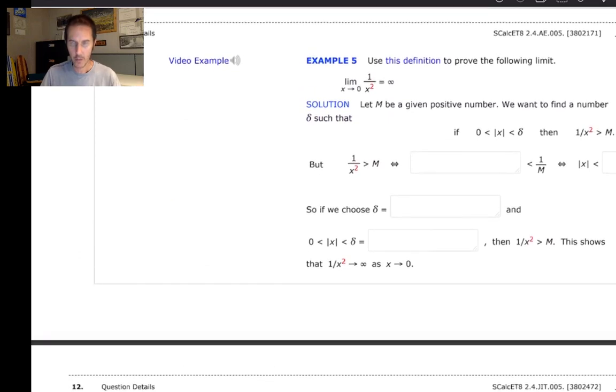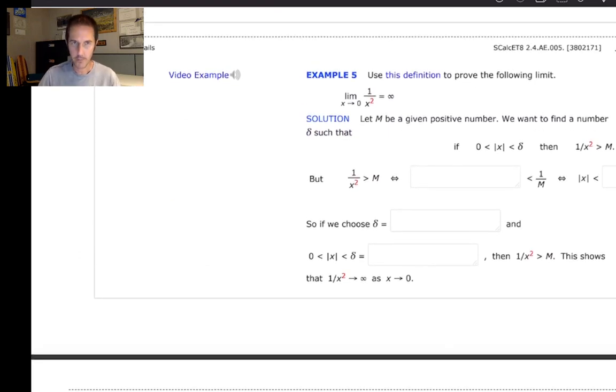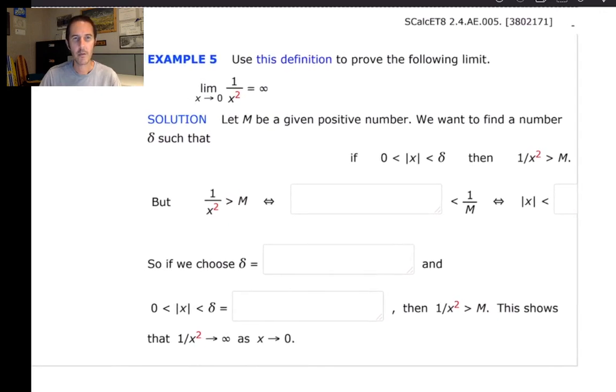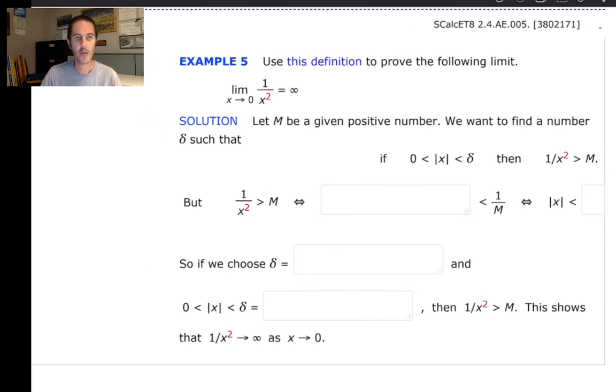And, oh, I remember this example didn't print exceptionally well, and I'm not sure why, but we're working with that function 1 over x squared again. As our x value is approaching 0, the limit is equal to positive infinity. So again, we're talking about constraining delta values to keep our y values greater than a particular m value.